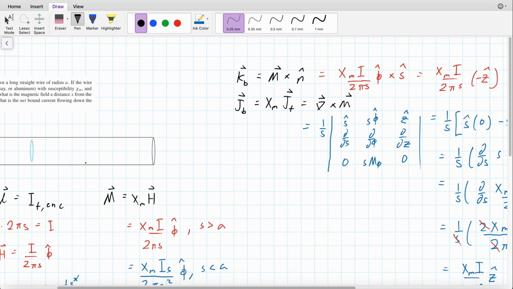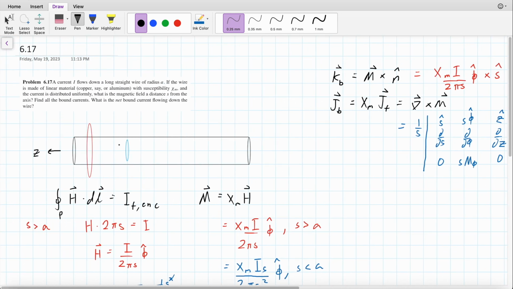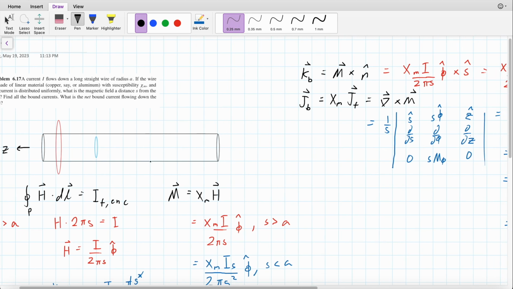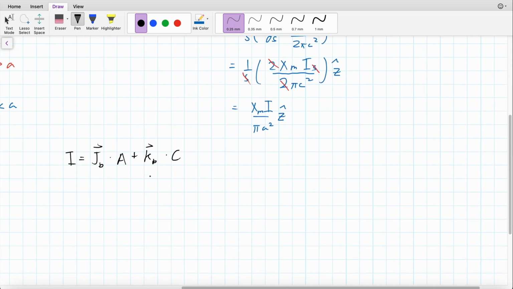And this is the wire. The area and circumference that I'm referring to are with respect to the wire.